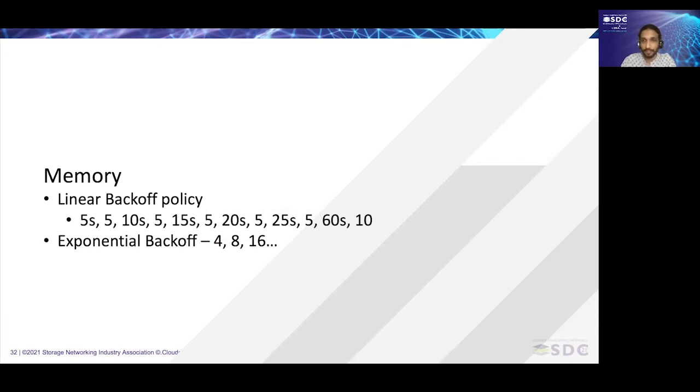In case the client is seeing a lot of failures to a particular pipeline, it will wait with increased backoff in order to allow the leader data node to recover. So with these policies, we saw a much stabler storage or data write pipeline in the cluster.